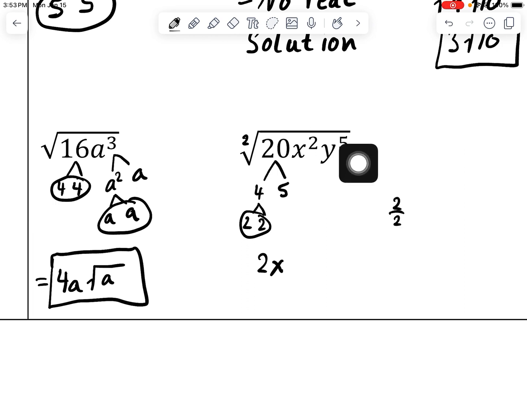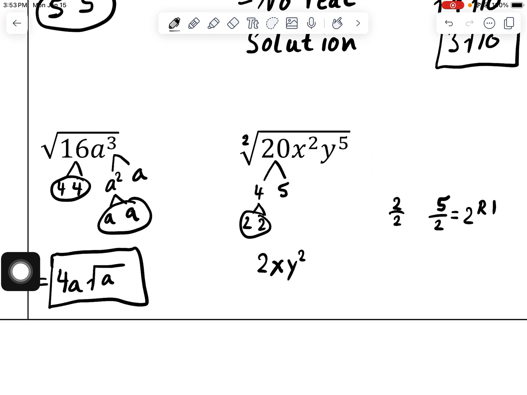Now if I do the y values, I could take 5 divided by 2, and that is 2 with a remainder of 1. So what that means is I can pull out 2 groups of y, or in our case y squared, and then what I would have left inside, I still have this 5, don't forget about the number, and then I had 1 extra y that I couldn't pull out, so that y is going to stay here.